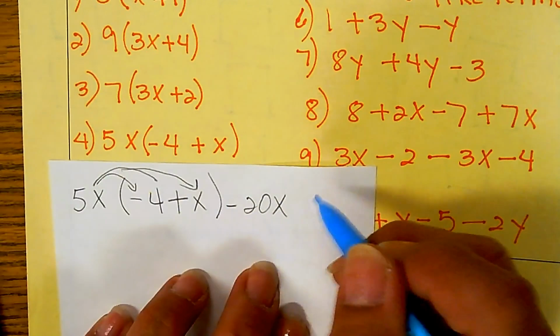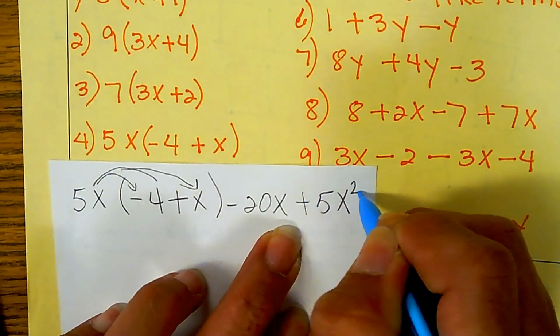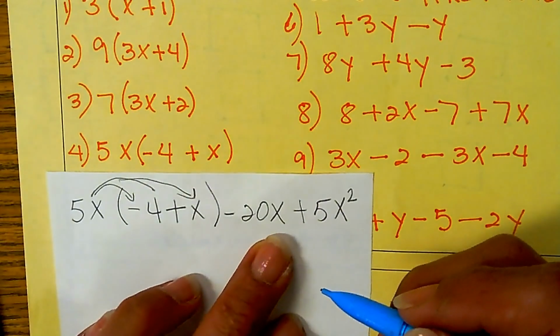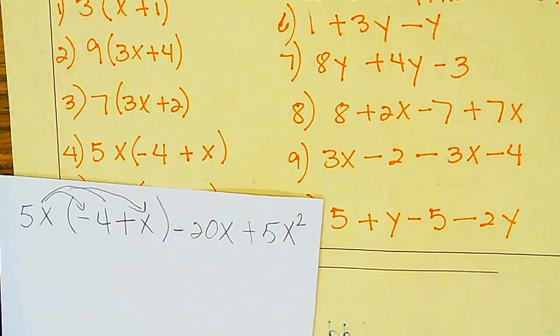So now we have 5x to the second power, or 5x squared. Very good. Do we have any questions about that? Because now we're multiplying, when you multiply a variable and another variable, it's not x plus x. It will be x times x will give us x squared, or to the second power.